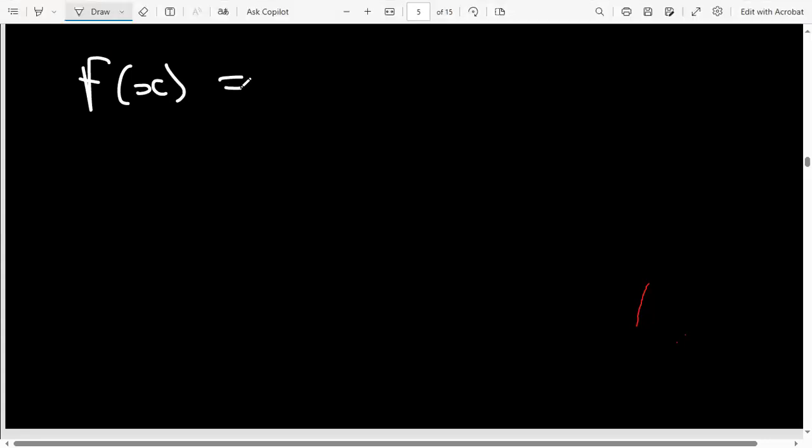We have f of x is equal to x squared minus 5x plus 2. I hope I'm remembering the correct equation. So this is the function that we have, and we want to sketch it using the completing the square method.